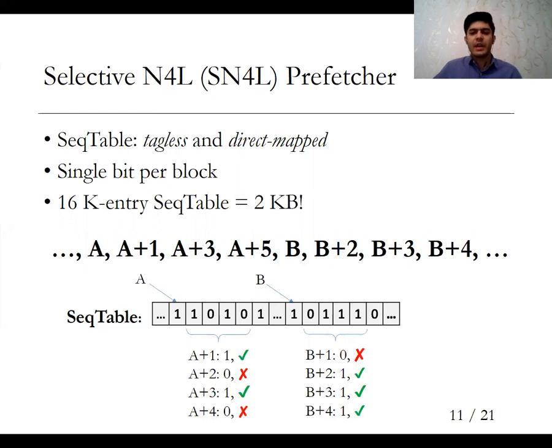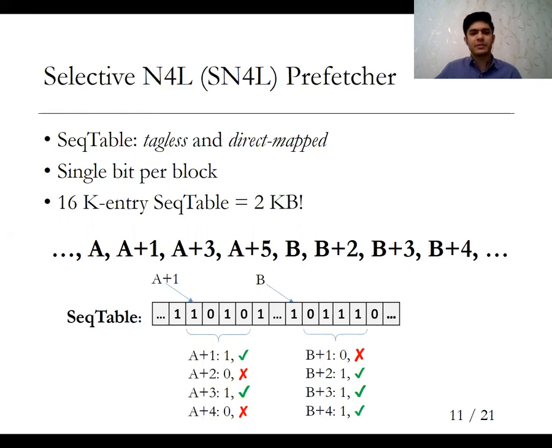To explain SN4L's algorithm, consider this sequence of demanded blocks. When this sequence is demanded by the processor, SN4L finds an entry of SeqTable that corresponds to block A and sets it. It means that block A is a useful one that should be sequentially prefetched. Similarly, the next entry is set that corresponds to block A plus 1.